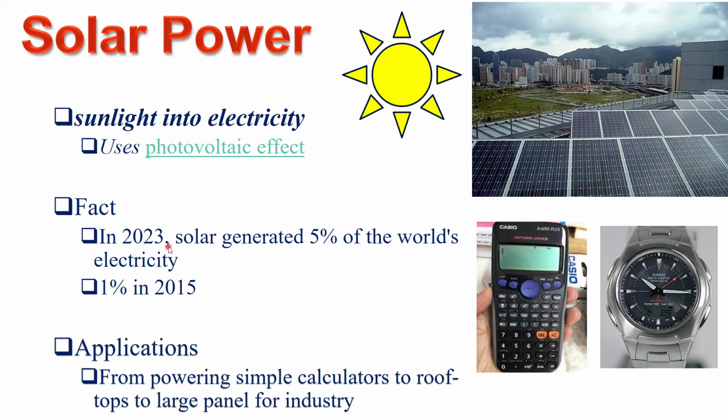In 2023, it is reported that solar energy generated 5% of the world's electricity. You can imagine the percentage is still only 5%. However, in 2015, it was only 1%. So the use of solar power to generate electricity is rising day by day. As I said, applications include your calculator, wristwatch, etc.